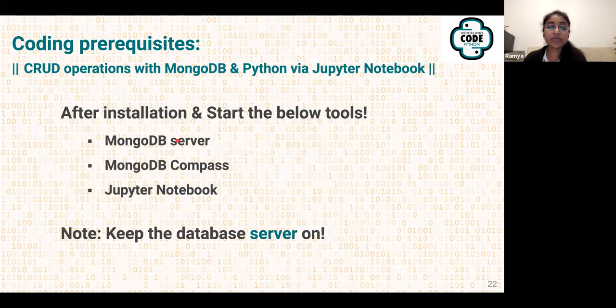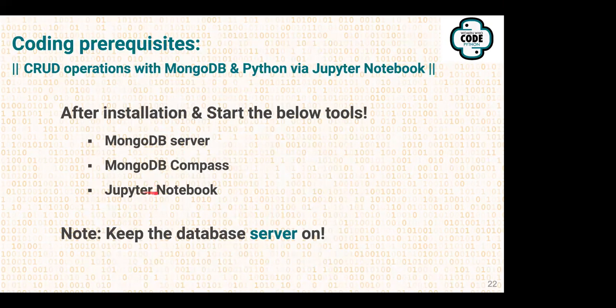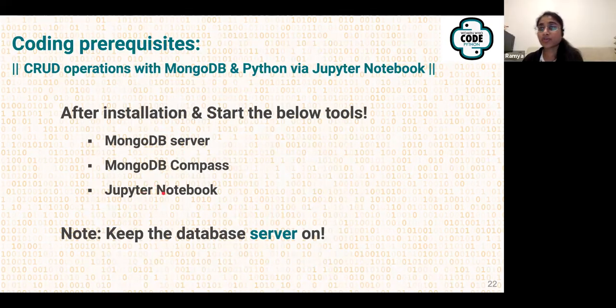When you turn on the MongoDB server, obviously it will expect either the shell or Compass to be opened. So here we are using Compass today to help visualize the data. And then we need to keep the server on for Jupyter Notebook, which helps us open the Jupyter Notebook. Keep the database server on before we open any tools.